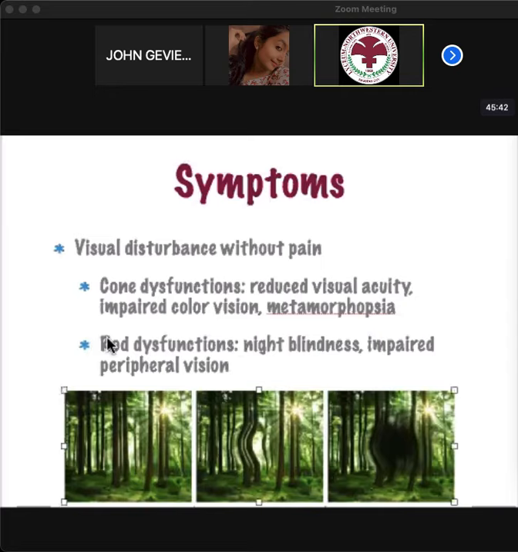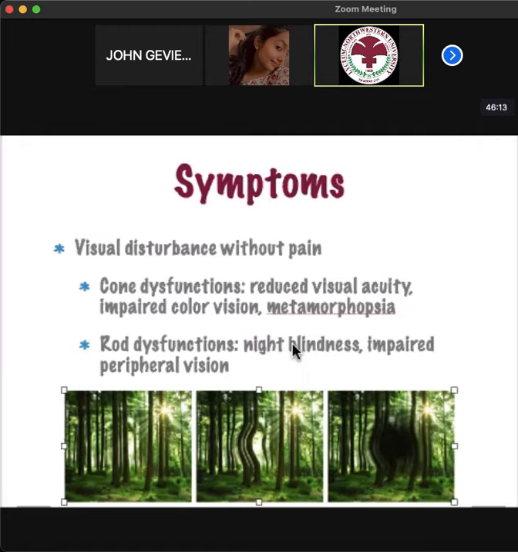However, if there's rod dysfunction, as we all know, rods are more abundant in the periphery, there could be night blindness. What disease would be associated with night blindness or nyctalopia? Vitamin A deficiency, yes, very good. What else?